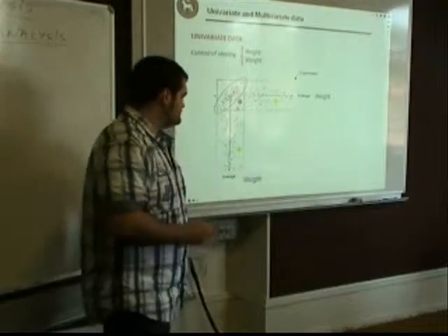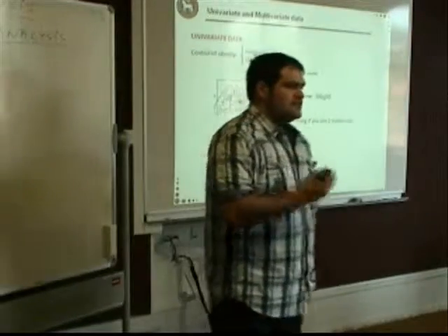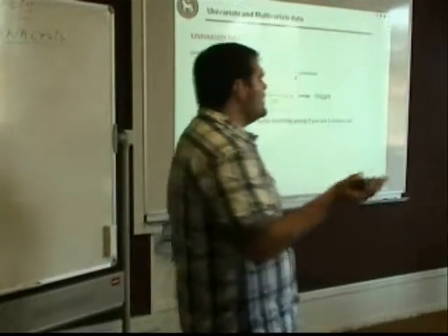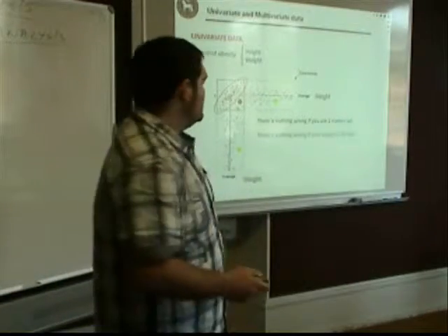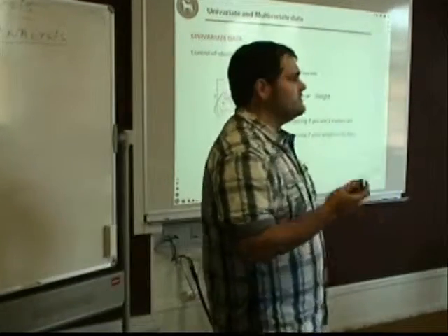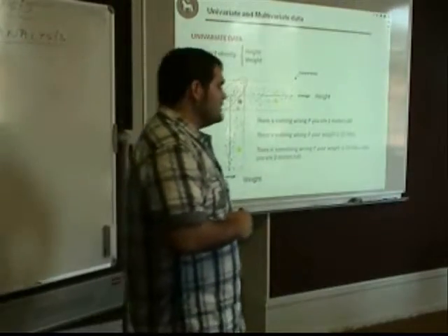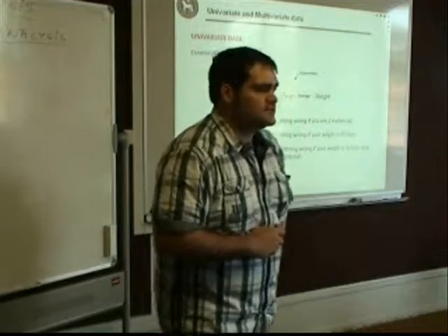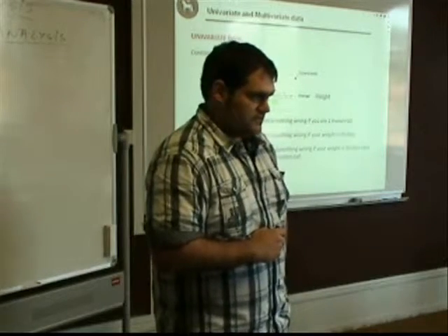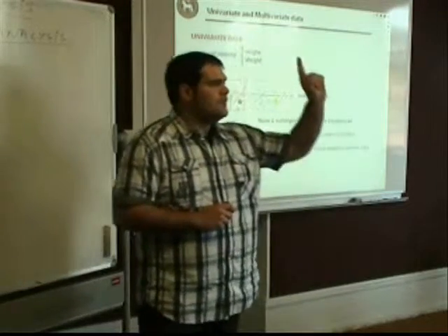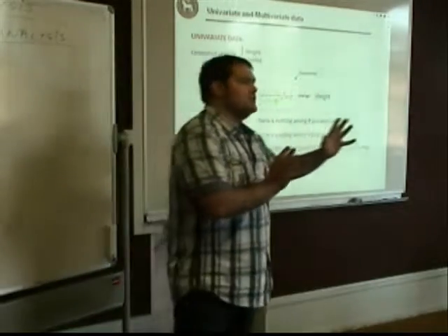What happens here? As I usually say, there is nothing wrong if you are 2 meters tall. There is nothing wrong if your weight is 50 kilos. But for sure, there is something wrong if your weight is 50 kilos and you are 2 meters tall. You see the difference? In this case, taking one variable, we don't get all the information.